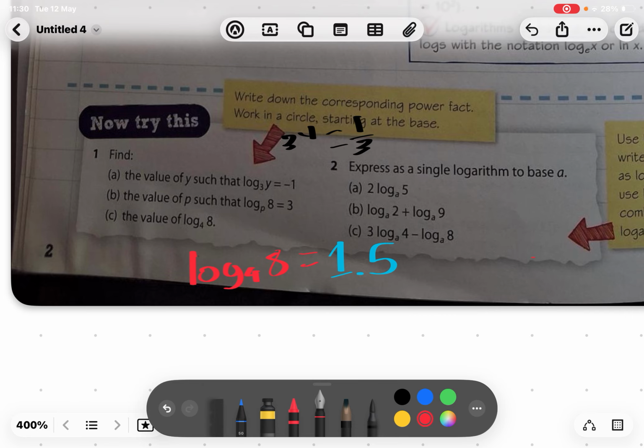I don't know where I got 3 over 1 from. Let me check on my actual calculator. Log 4 8. Yeah, my calculator says 3 over 2. Yeah, this is equal to this. That is facts.